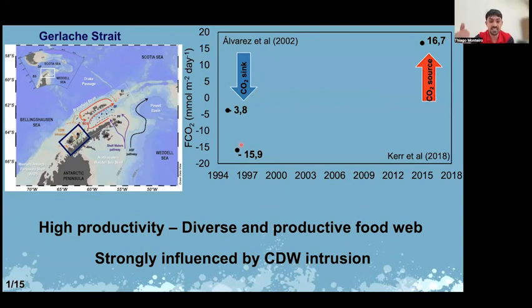That means that the surface ocean is taking up CO2 from the atmosphere. And about 20 years later, during the summer as well, in the same region, Rodrigo Kerr and other collaborators described the behavior of a CO2 source, a completely different behavior in the same region during the summer as well.